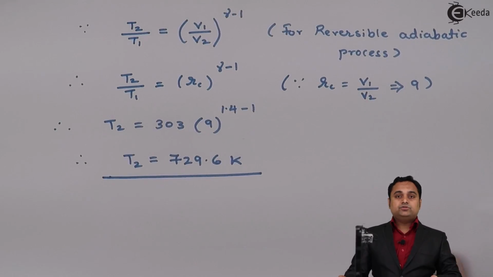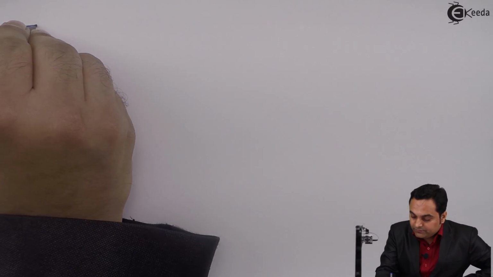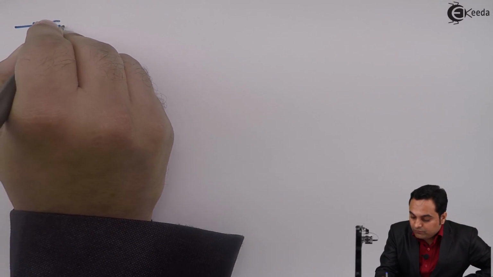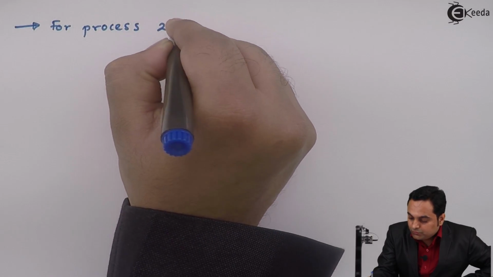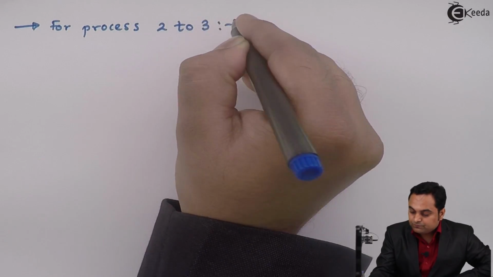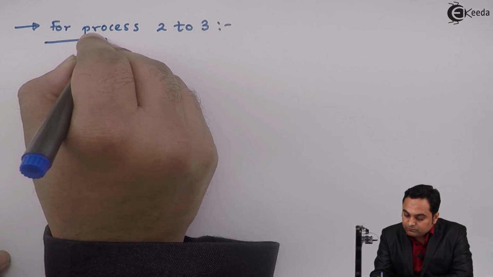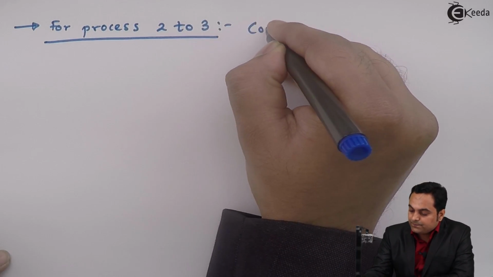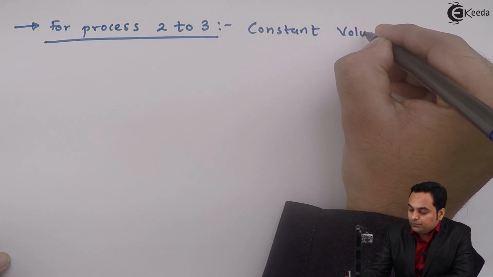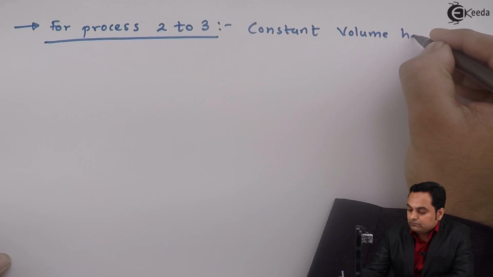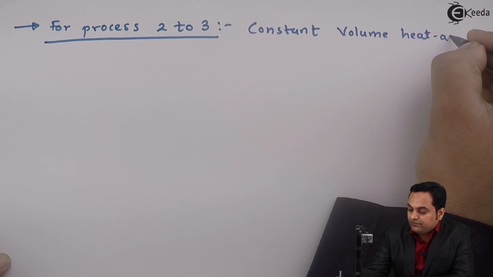Next I'll use the second process, that is for process 2 to 3, which is constant volume heat addition.